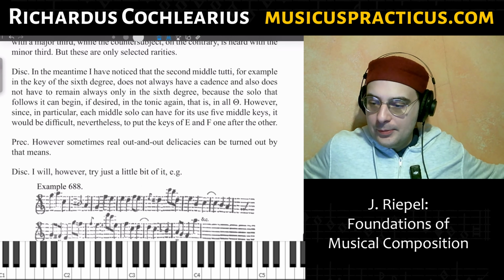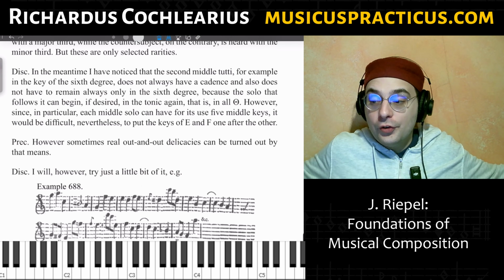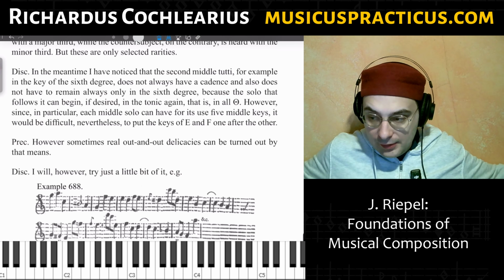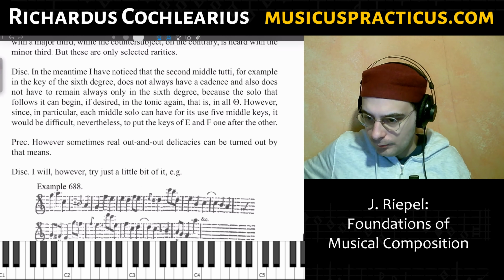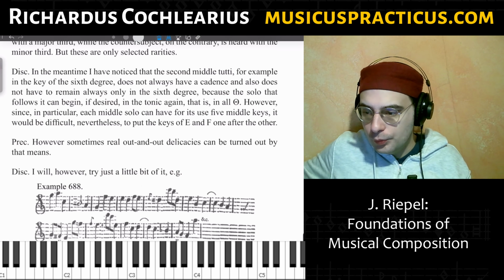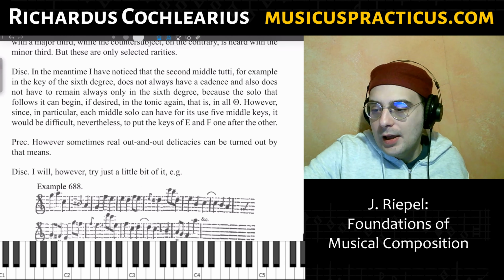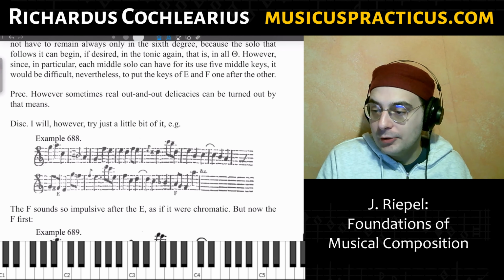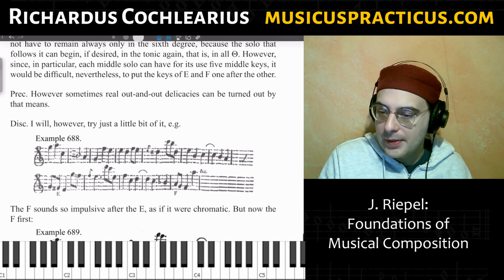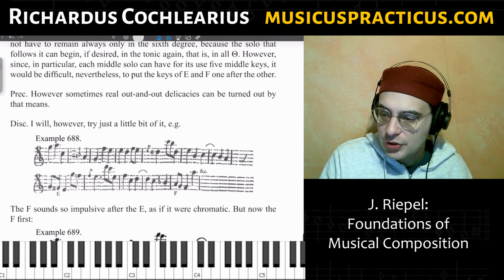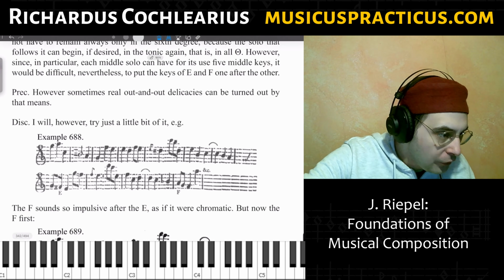However, since each middle solo can have for its use 5 middle keys, it would be difficult nevertheless to put the key of E and F one after the other. However, sometimes real out and out delicacies can be turned out by that means. I will, however, try just a little bit of it.